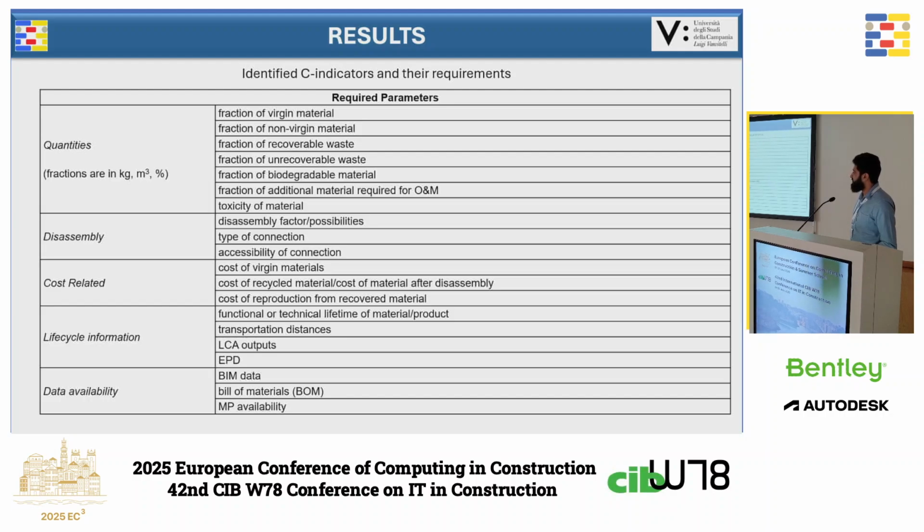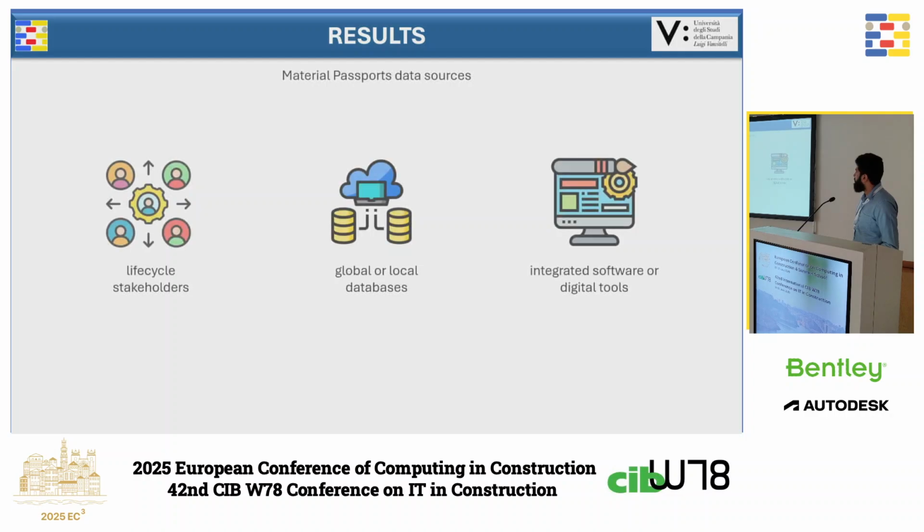So the quantities are the fractions in weight, mass, or volume, and then disassembly factors, cost-related factors, life cycle information, and data availabilities. And material passport is one of them in some of the indicators. The data resources that I found within the articles are much more than these, but these are the basic data providers of material passports that I have identified.